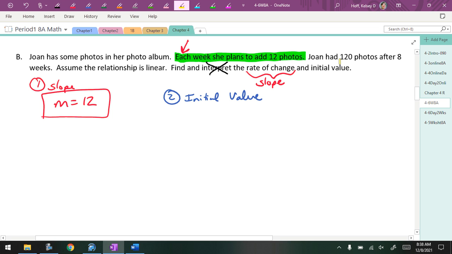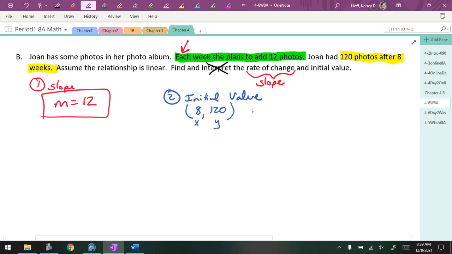What numbers do you see? Yeah, see that 120 photos in 8 weeks? That's going to give us a point. Our time is 8, so that's our x. Our photos is 120, which is our y. So 120 photos after 8 weeks gives us our point.